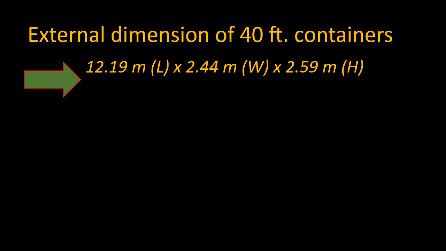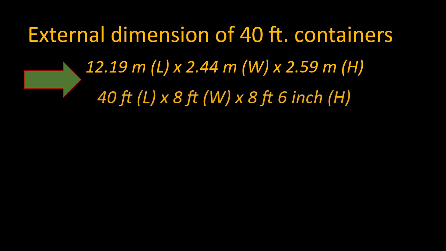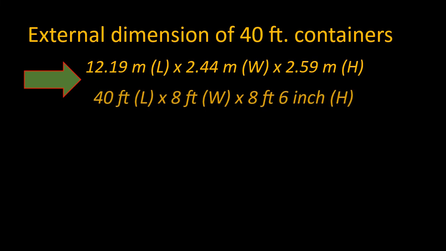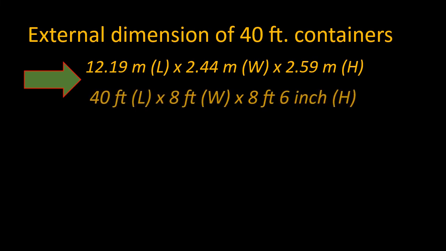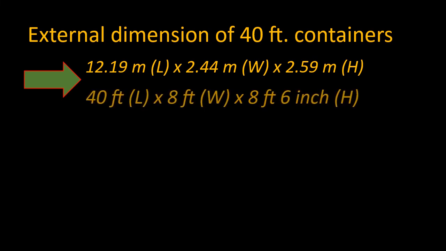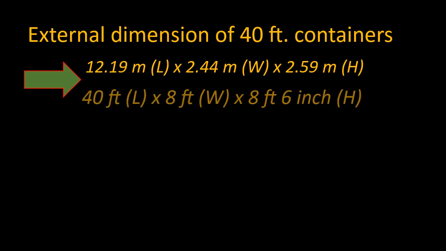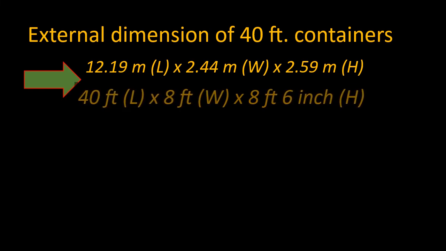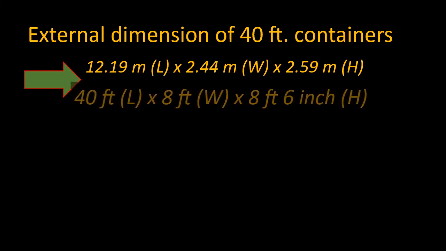As we convert it into feet, it is 40 feet length times 8 feet width times 8 feet 6 inch height. I repeat, 40 feet length times 8 feet width times 8 feet 6 inch height.